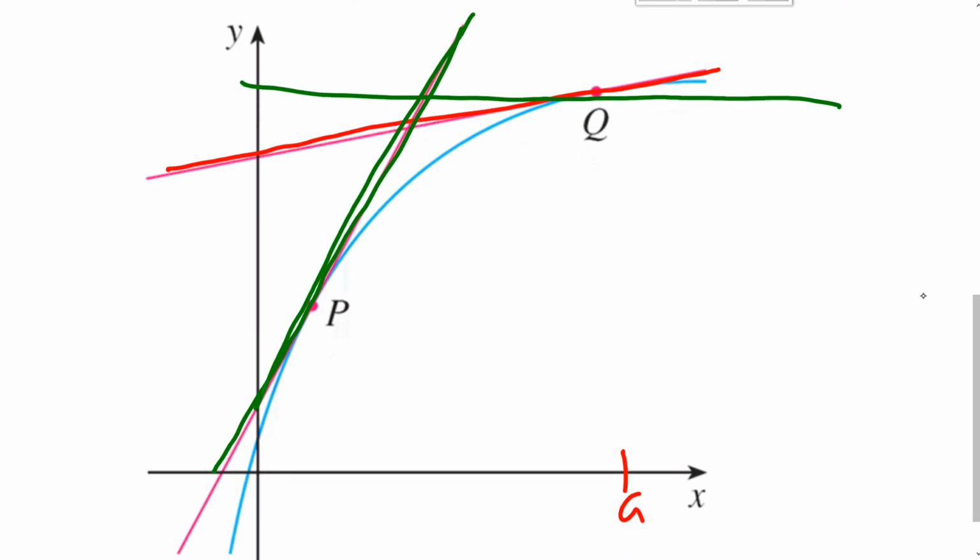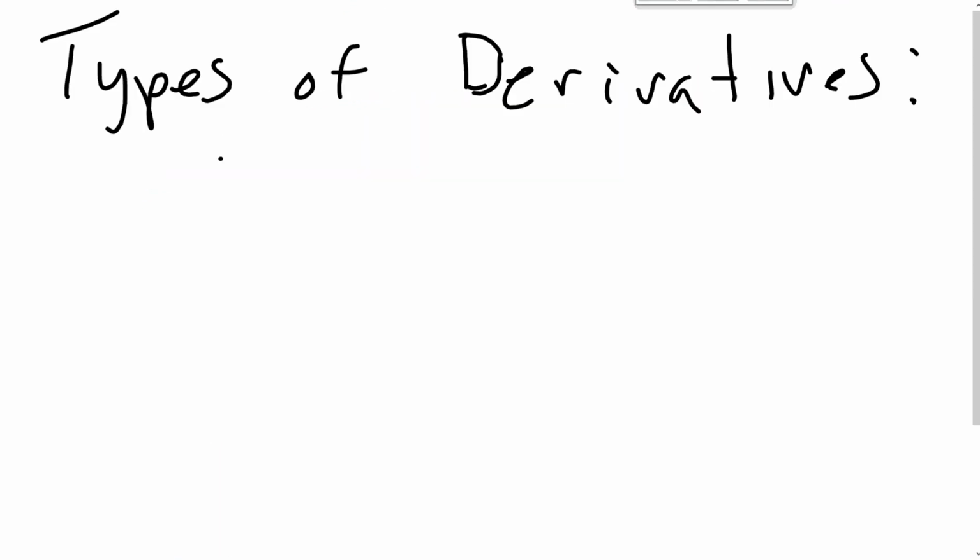types of derivatives. So we talked about average rate of change, and that's kind of like the secant. And then our tangent is instantaneous velocity. So our derivative f prime of a is just like the velocity.